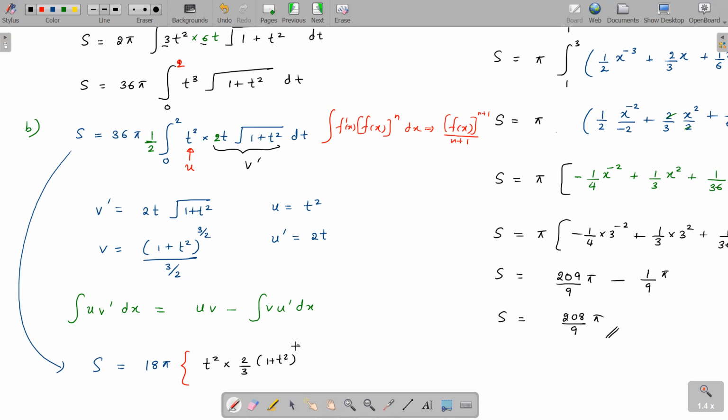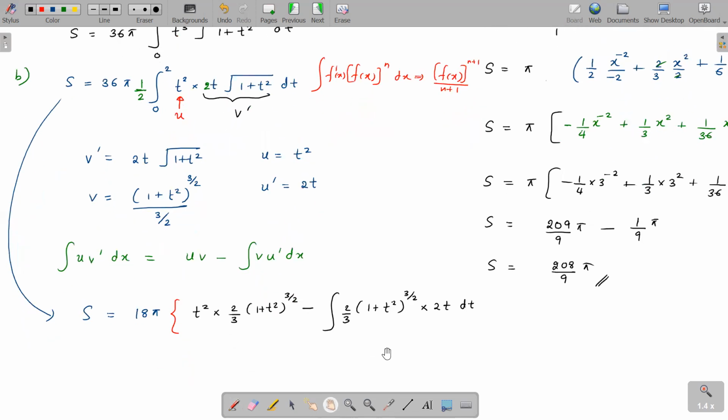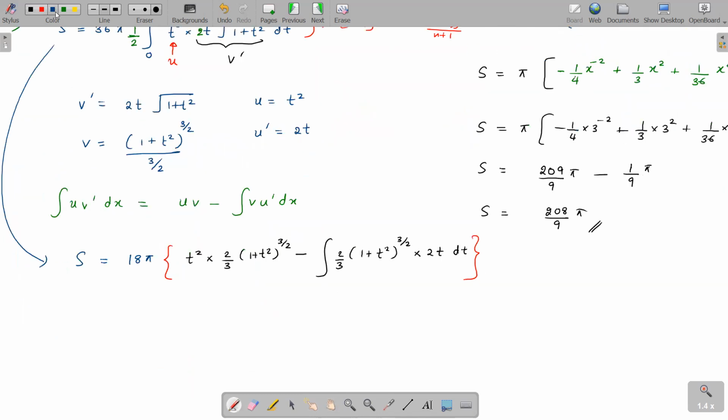1 plus t square to the power 3 over 2 minus integral sign. Again the v, 1 plus t square to the power 3 over 2. So u v minus v into u dash. U dash is 2t with respect to t in this case. In our case, we are doing it with respect to t. Let's simplify this. So I get here s equals 18 pi.